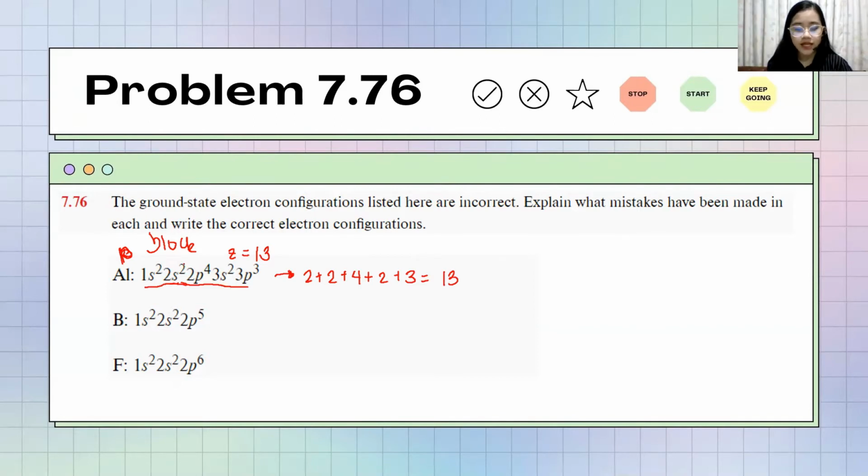If you analyze the electron configuration thoroughly, we did say that P block or P subshell contains 3 orbitals, meaning to say it can hold up to 6 electrons.